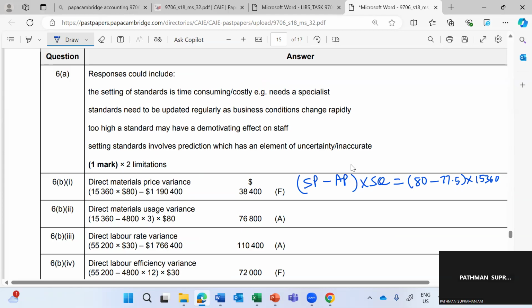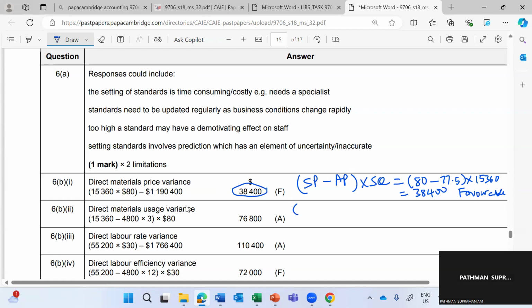So it will give you the same answer as you see in the mark scheme, which is 38,400. And don't forget, you need to write favorable or adverse. So in this case, it's favorable. Okay. What the mark scheme showed, and my method here may be different, but you just focus on the final answer. Right?